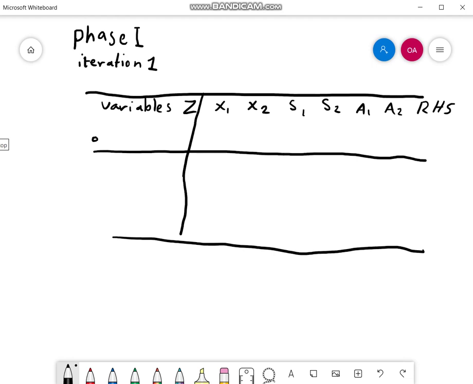We have the optimality condition. And then I should have the constraints with the basic solution.